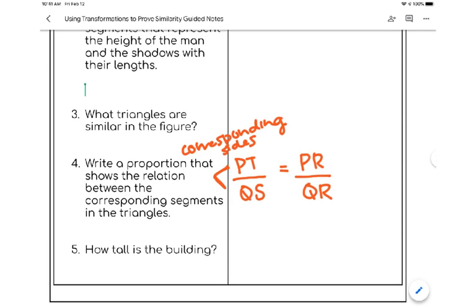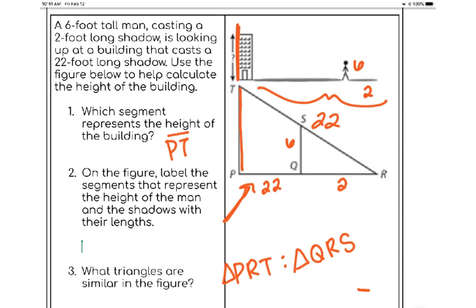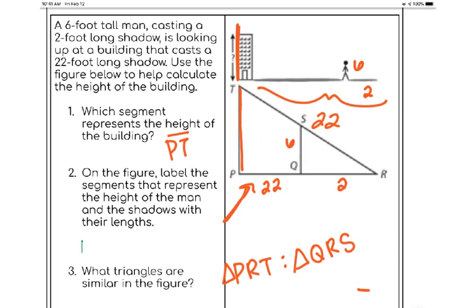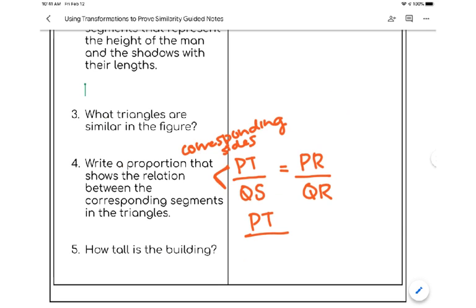Okay, so these proportions are set up in this way. Well, now we'll just fill in the blanks. Do we know what PT is? PT, we do not know the height of the building yet. Okay, so we're going to leave that as this. It's like our missing element. QS, we know, is the height of the man, which is 6 feet.